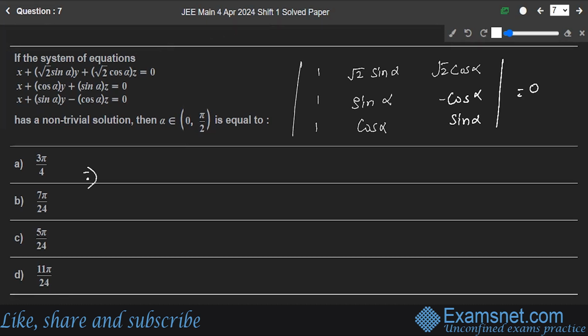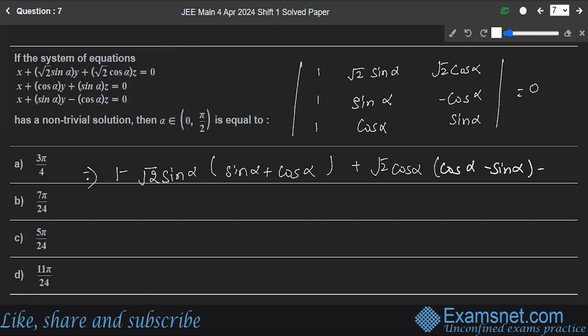Let's find out the determinant now. So 1 minus this will give me root 2 sine alpha plus cos alpha, is equal to 0.